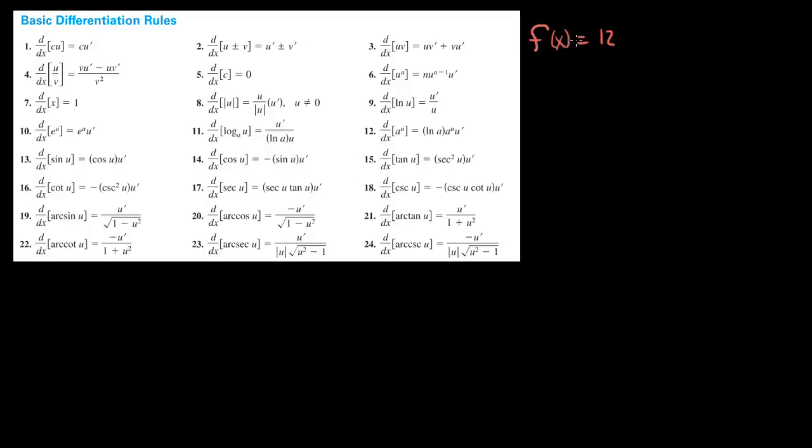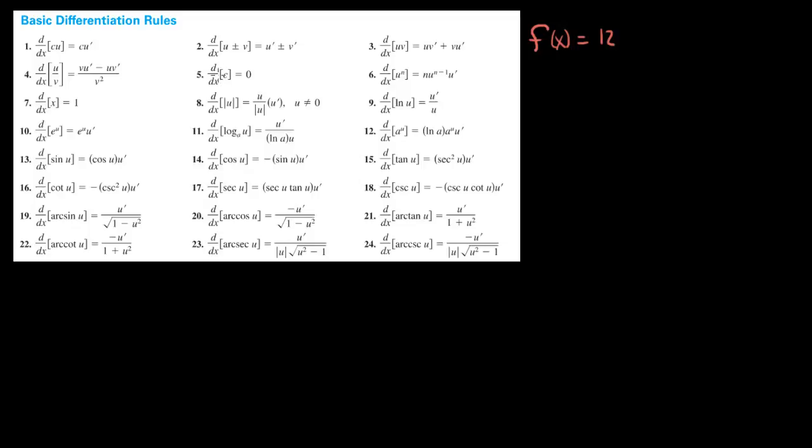Now, what applies here? If we go by this list, c is a constant, u is a function, v is a function. We'll have a few more letters when we get down to logarithms, but for right now, u and v are functions, and c is a constant.